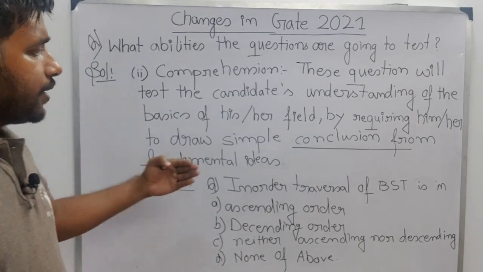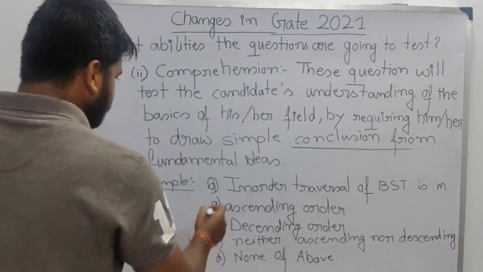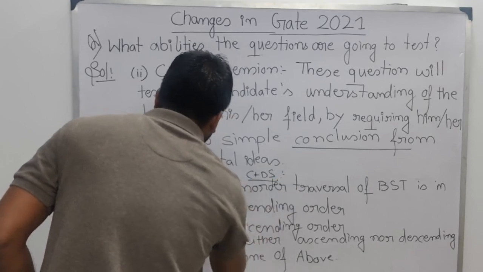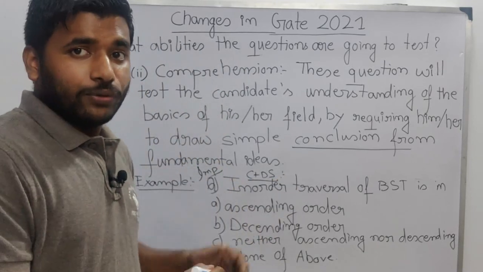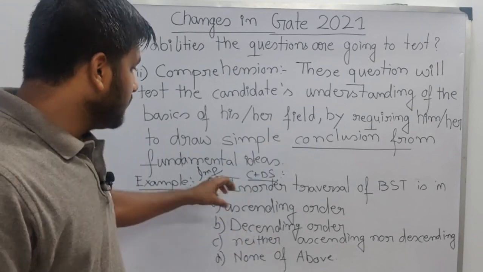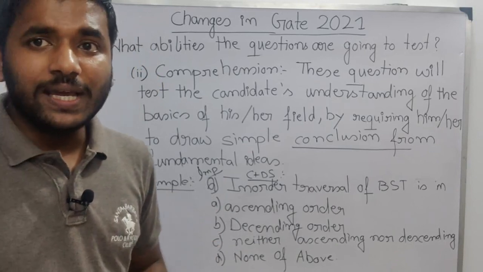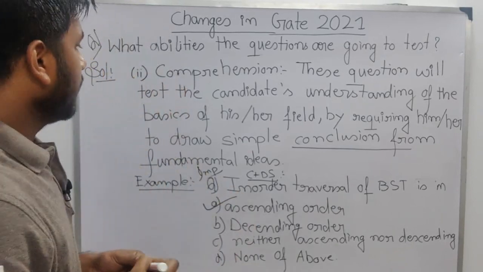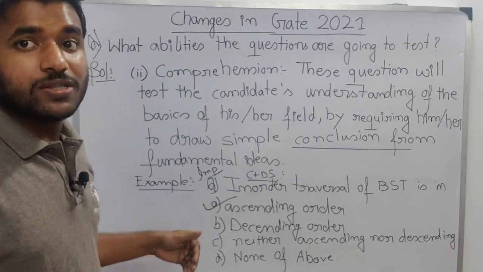Example: in-order traversal of a binary search tree is. You know that this is a part of C and DS, and it is very important to know what the in-order traversal of a binary search tree is. If you know that, you are going to draw the conclusion that the in-order traversal of a binary search tree is in ascending order. So this belongs to this criteria, and you are going to get this kind of question.